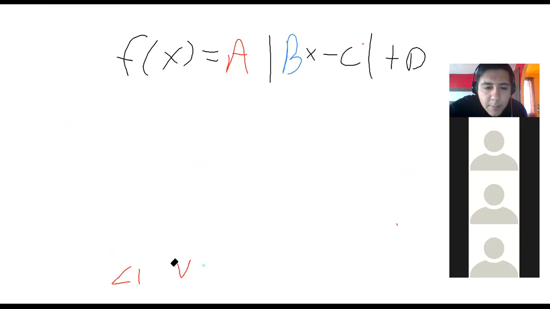So let's think about what these things mean, okay? When I'm talking about a vertical stretch, let's pretend we had a rubber band, right? If we stretched it vertically, so let's say that we pulled it apart, the rubber band should look something like this.